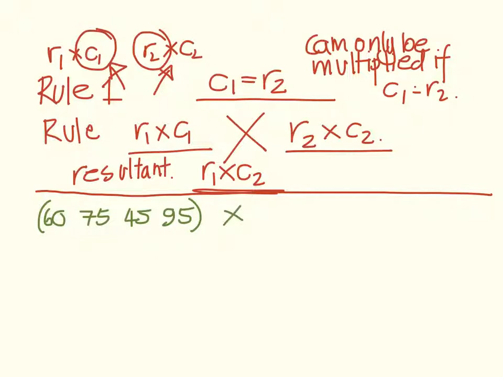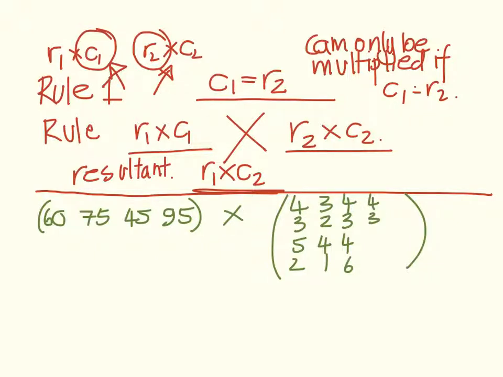And we've also got our matrix with the amounts in them. Now, if we go 4, 3, 5, 2, 3, 2, 4, 1, 4, 3, 4, 6, 4, 3, 4, 6, and the last column is 4, 3, 4, 5.